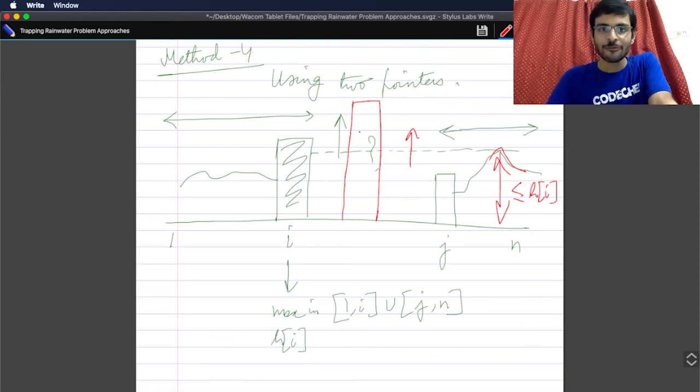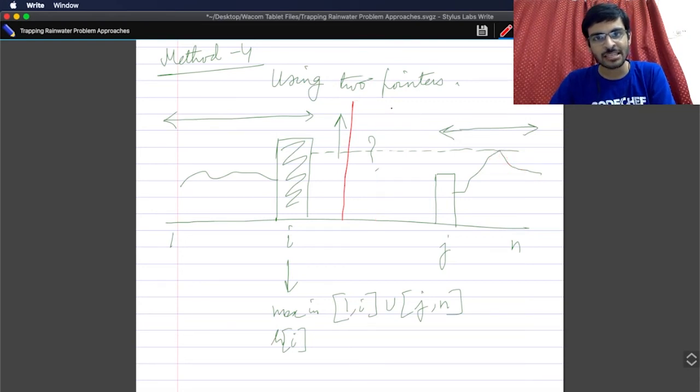So if we have something even greater than hi, it doesn't matter. And suppose you have something smaller than hi, then I think by now it is understood, it doesn't matter, because this is going to dictate how much water is being stored. Now we are focusing on how much water we will be storing over here.